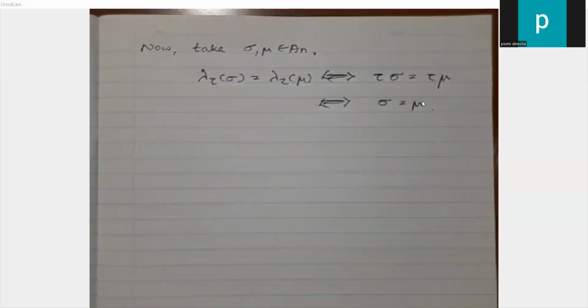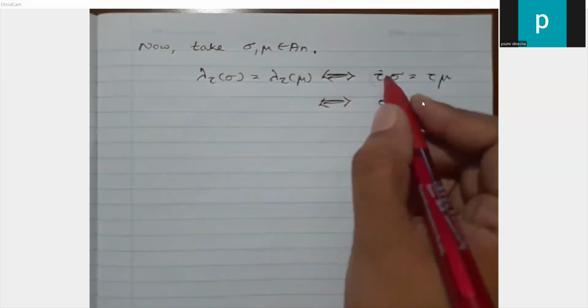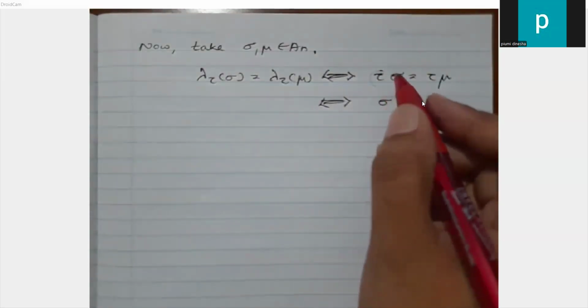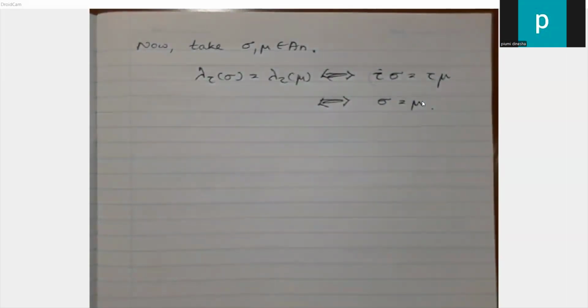Why is that? Why do we have this? This is because tau, which is given by the transposition (1 2), is a permutation in Sn, right?